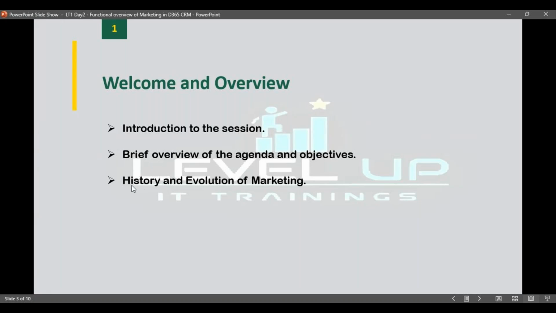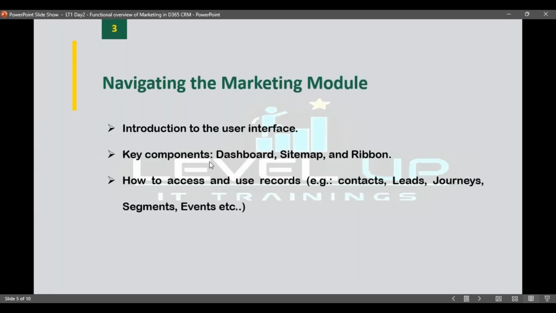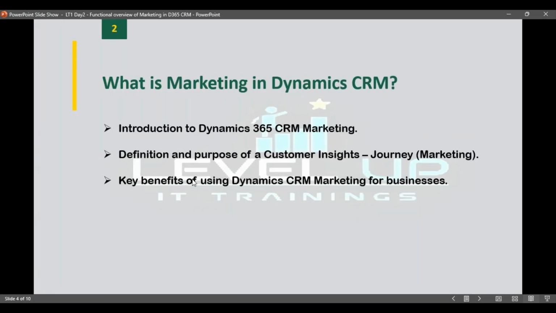Then the history and evolution of marketing. Recently, maybe in the last two to three months, Microsoft has renamed the marketing module as Customer Insights Journeys. Previously we used to have the marketing module, under which we had outbound marketing and real-time marketing.